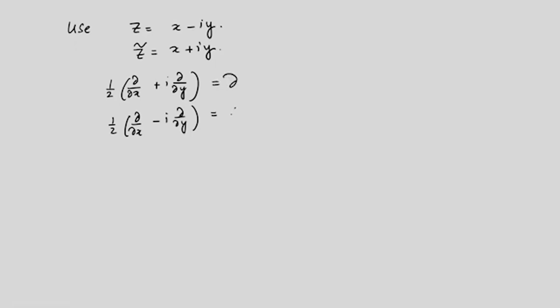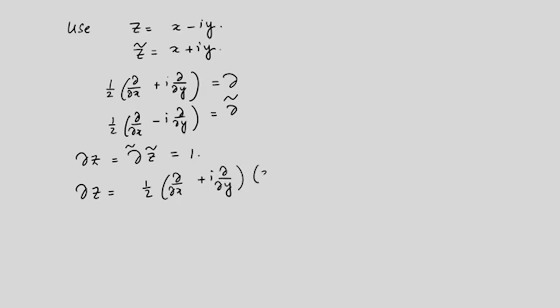It is important to understand that ∂z is equal to 1, and ∂ tilde z tilde is equal to 1, because if you take this ∂z, it is half of ∂/∂x plus i ∂/∂y, and this is going to act on z, which is x minus i y.